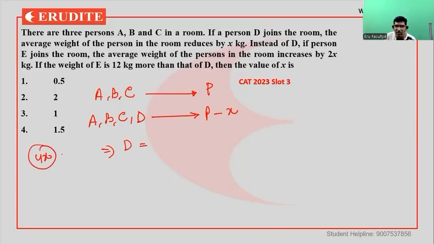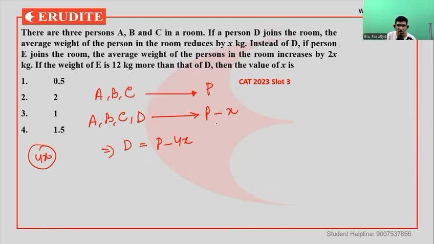So what is the total decrease? The total decrease was 4x for four people. That means D is bringing in 4x less than P. So D's value will be P minus 4x. That's the simple logic.